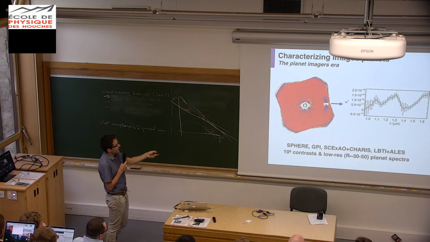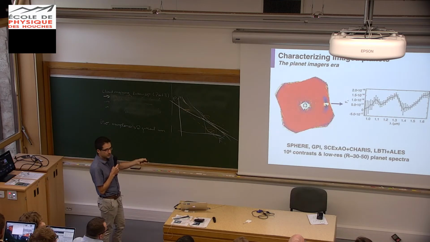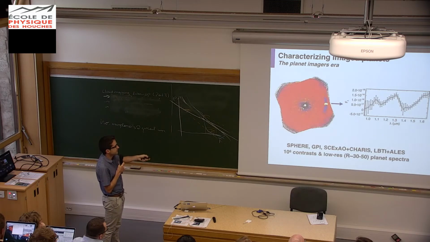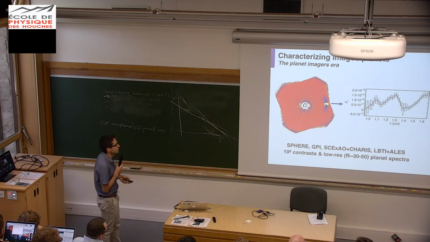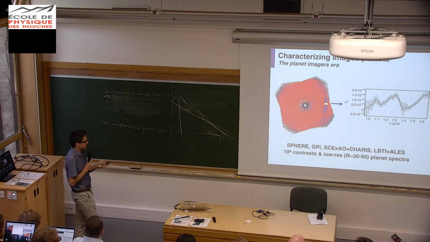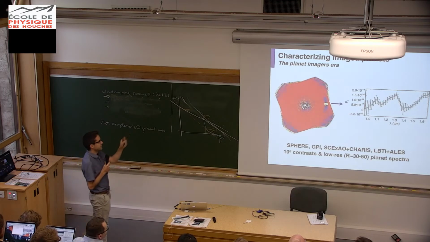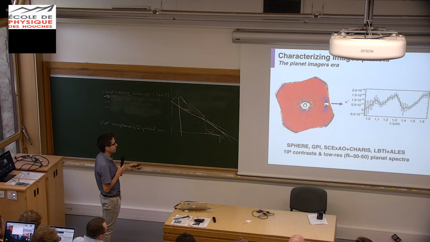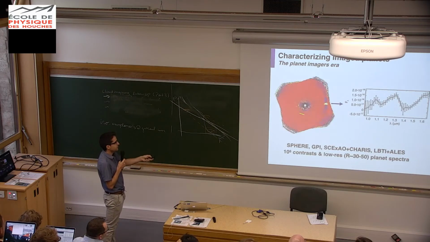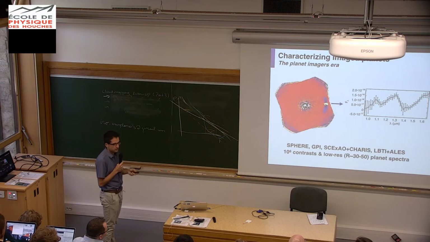And when you have applied some stellar halo removal techniques, you can reveal a point source in the vicinity of the host star, and you can extract the flux of this point source, meaning that you can get a spectrum. And in this spectrum, you can already find some typical absorptions, like the water band here between 1.3 and 1.5 micron. But the difference between this generation of instruments and the one before is that you can really detect much fainter objects, very, very close to their host star.